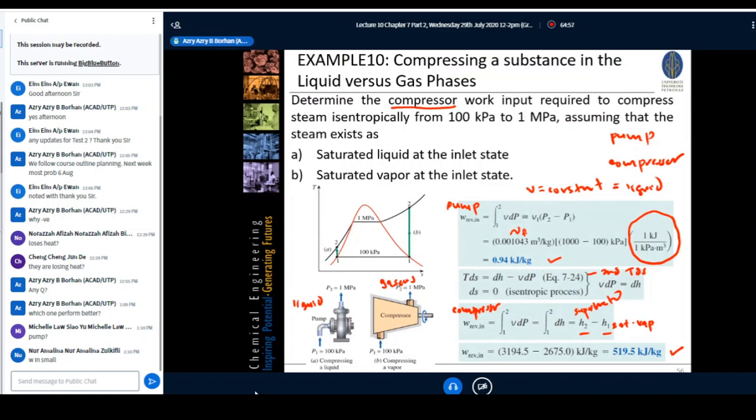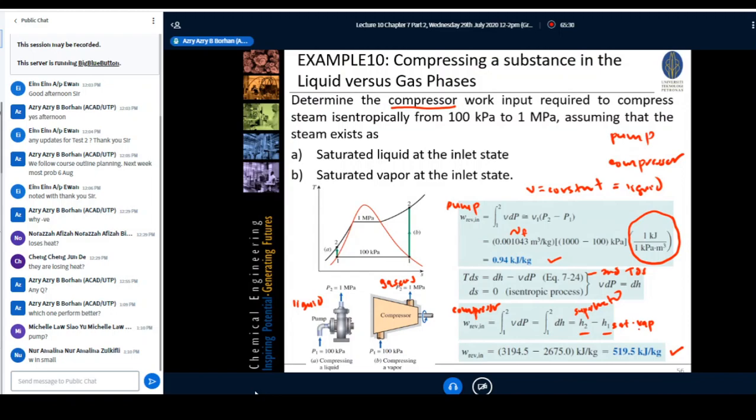But for the compressor, as you can see, the inlet is at saturated vapor, the outlet is at superheated vapor. So you have a phase change taking place. One superheated, one saturated vapor, right? So when you have phase change, the result will give you a higher value of work input, which is not a good result.